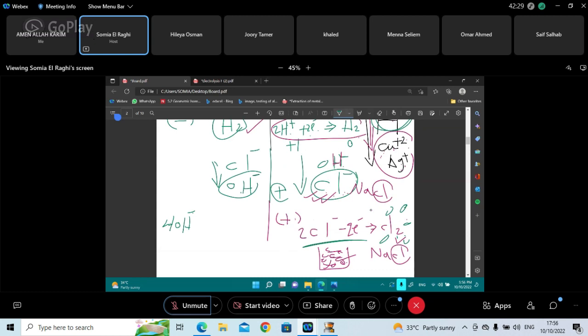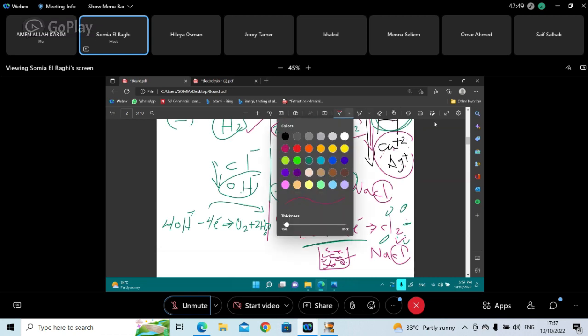I will subtract how many electrons now? 4. Minus 4 electrons, we get oxygen gas plus 2 water molecules. If you want to write the electrons on this side also, up to you. So instead of green gas, we get colorless gas.